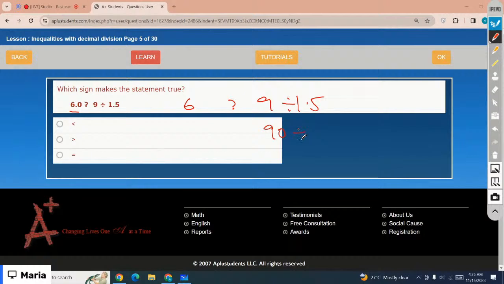So it will be then 90 divided by 15, right? And 90 divided by 15 is also 6. So they both are exactly equal. So 6 is equal to 6. The correct option is equal.